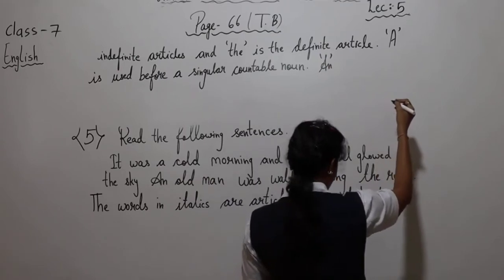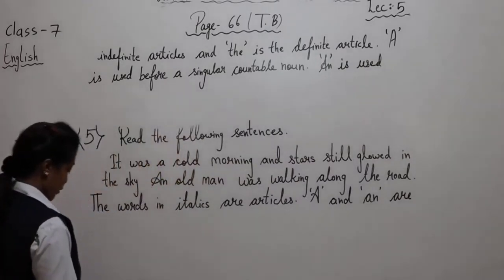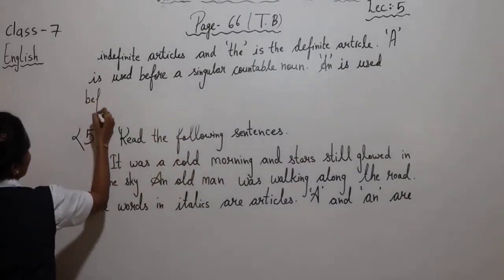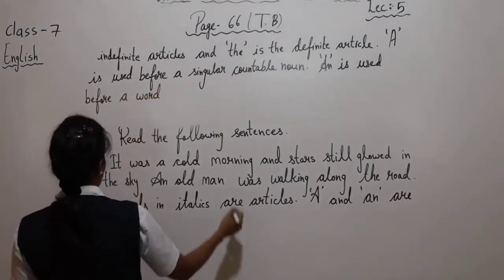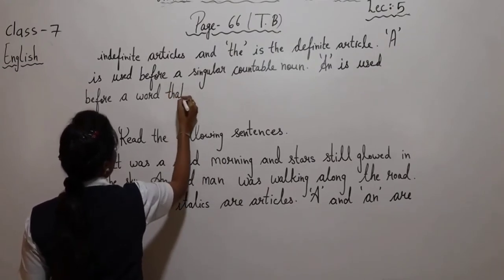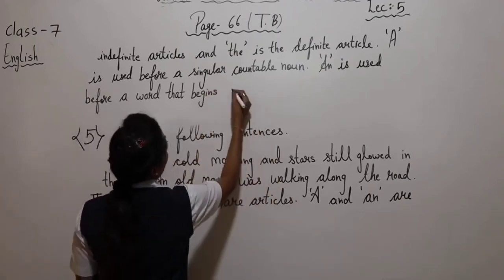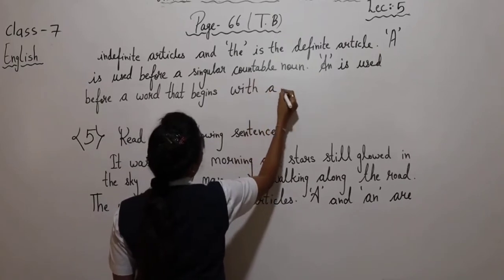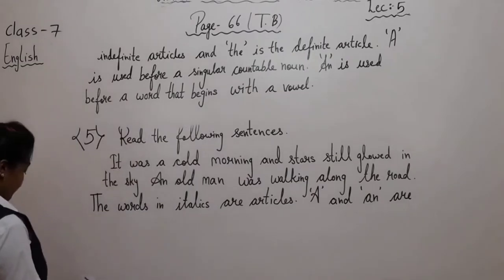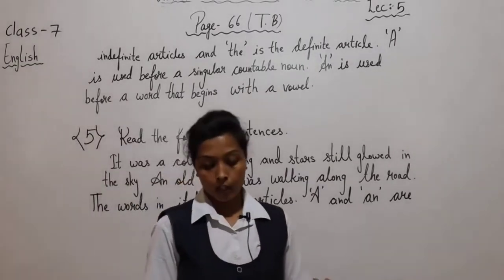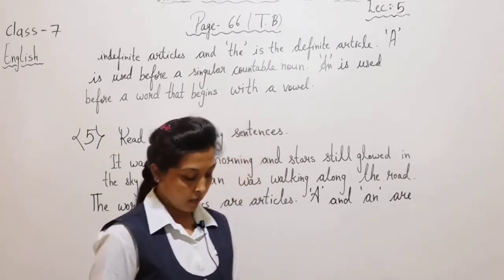An is used before a word that begins, or we can say starts, with a vowel. Okay. Now see, examples are given: a boy, a mango, a university, an actor, an apple, and an hour.